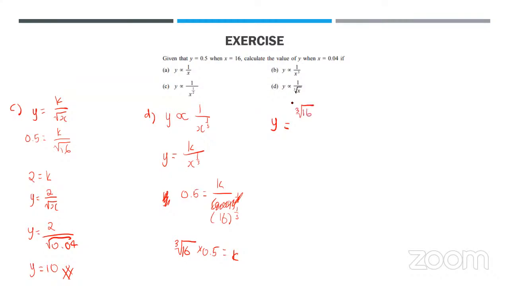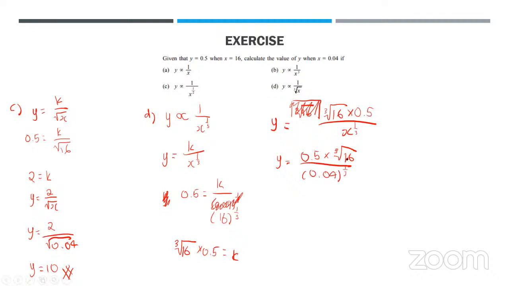Sorry, what am I doing? Sorry, yeah. Cube root of 16 times 0.5 over x. Now you just sub 0.04 back into x and you'll get the value of y. Okay, let's just do that real quick. Sorry, to the power 1/3.